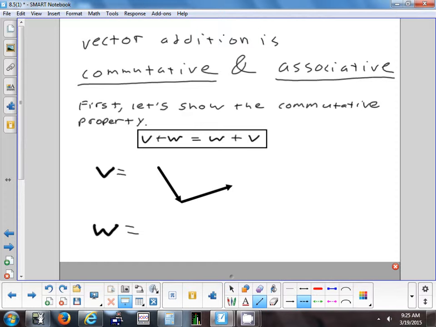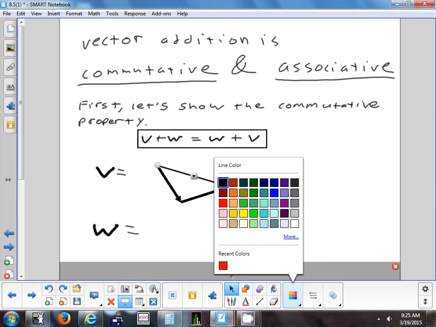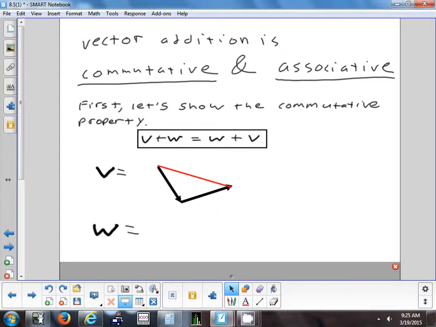And add them up. So what I just got in red, that's v plus w. Now I'm going to switch it. I'm going to take w, and I'm going to add v onto the end of it.